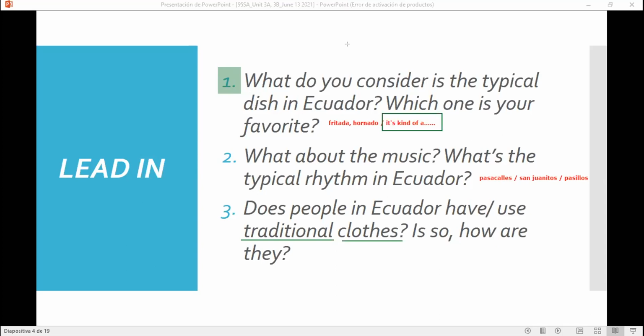Okay, guys, thank you. So we were discussing a little bit of Ecuadorian traditional aspects, such as the typical dish, some music, and also traditional clothes. Thank you, guys. So now what are we going to do? As I know that most of you have your books at home, we're going to move to this page.